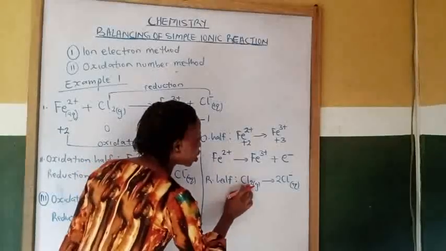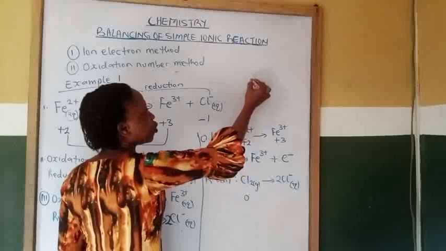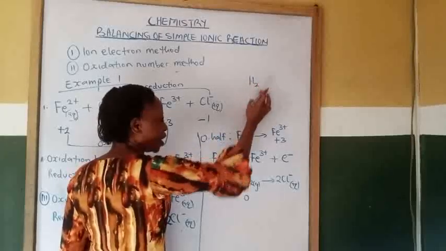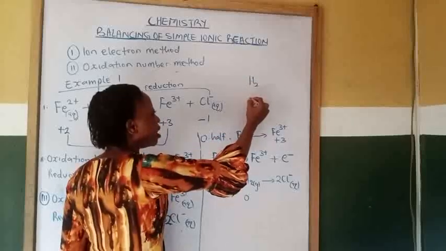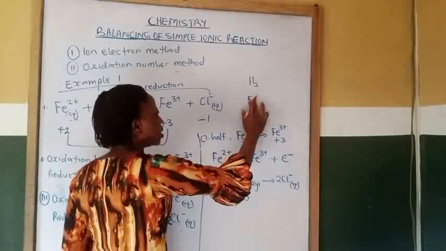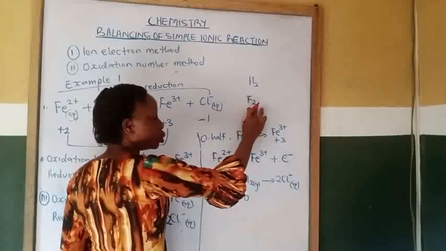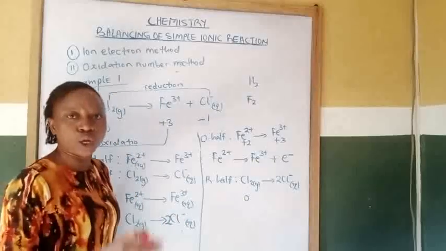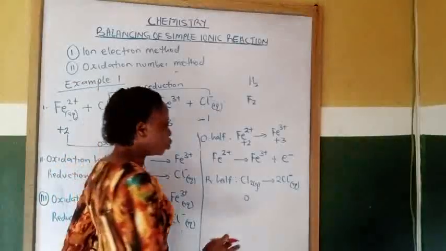So the oxidation number of Cl2 equals 0. Another example of a molecule is H2; its oxidation number is 0. Likewise F2 is a molecule, so its oxidation number is 0.